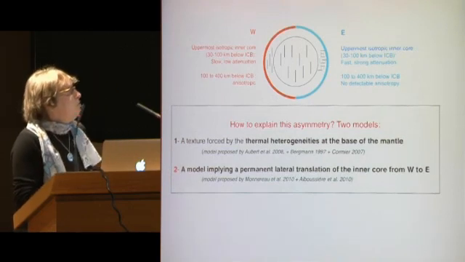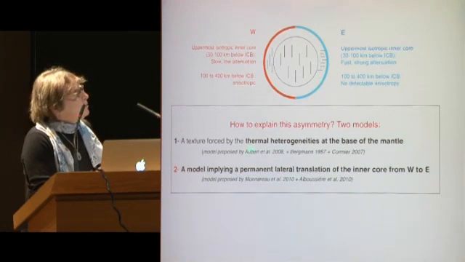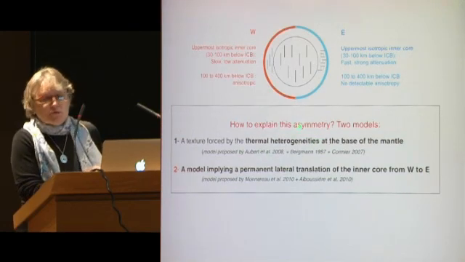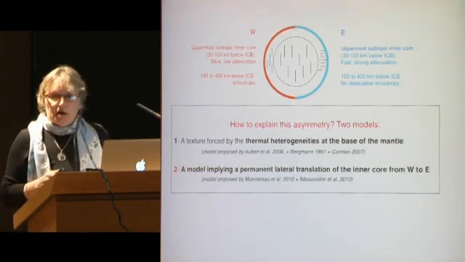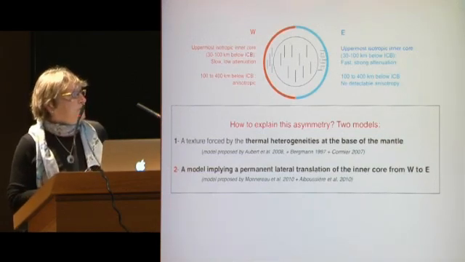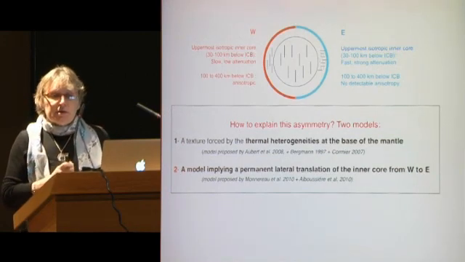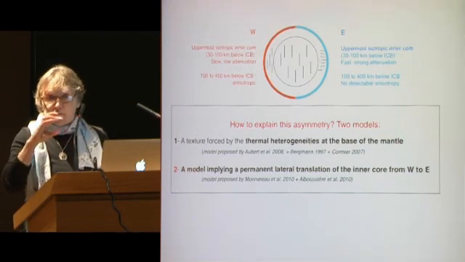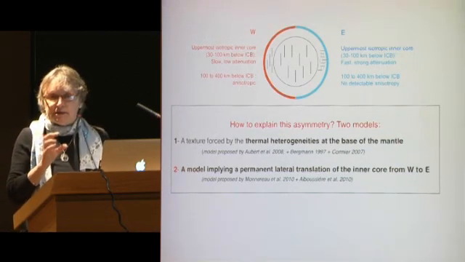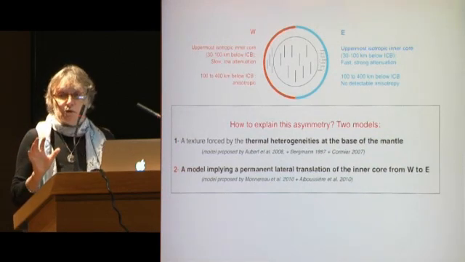In fact, there are two possible models up to now. The first one, I will not speak too much about it, is to invoke the thermal heterogeneities at the base of the mantle, at the level of the double prime layer. These heterogeneities will influence the flow inside the liquid core, and this flow, in turn, will generate thermal heterogeneities at the top of the inner core.